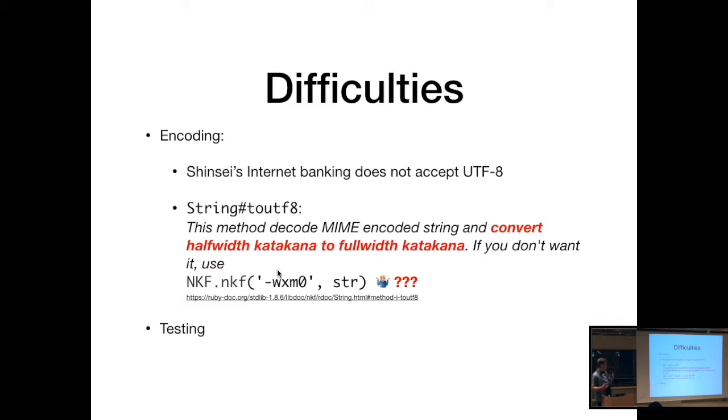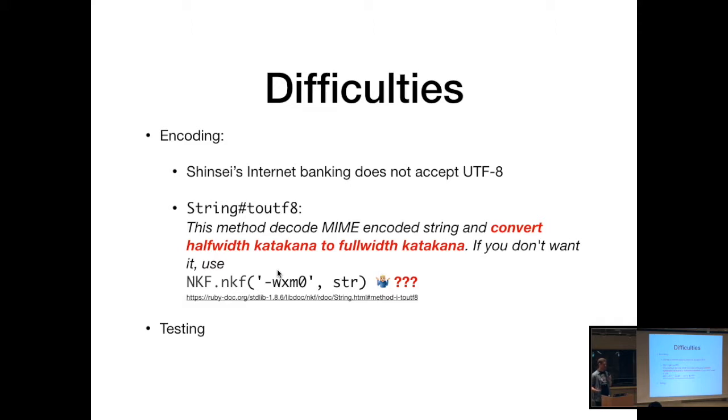But one thing I know is that I was using to UTF-8 to convert the strings sent by Shinsei, which are not UTF-8 either. And it turns out that that method converts half-width katakana to full width. So it means you're not sending back to Shinsei the same thing that you got in.